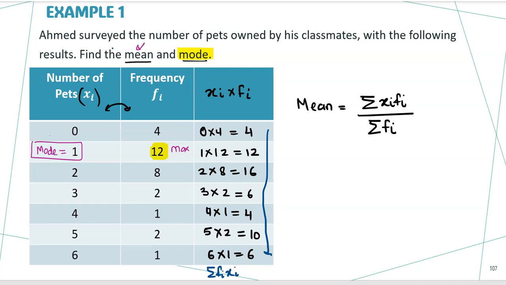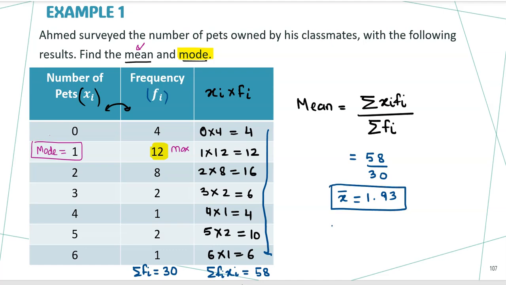When you add all these frequencies, this gives you the summation of fi. The summation of fi comes out to be 30, and the summation of the products comes out to be 58. So your mean will be 58 over 30. When you divide this, you get a mean of 1.93.